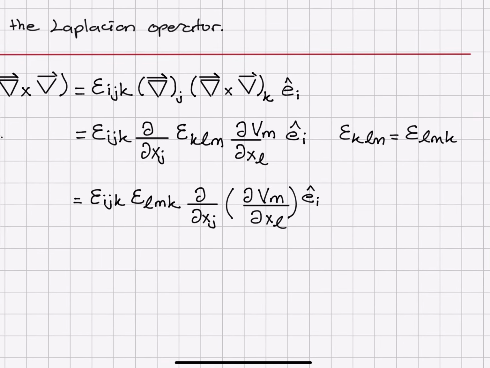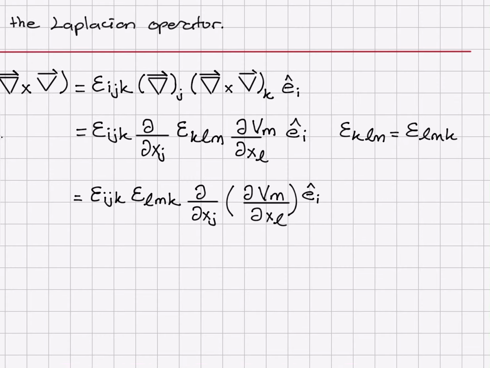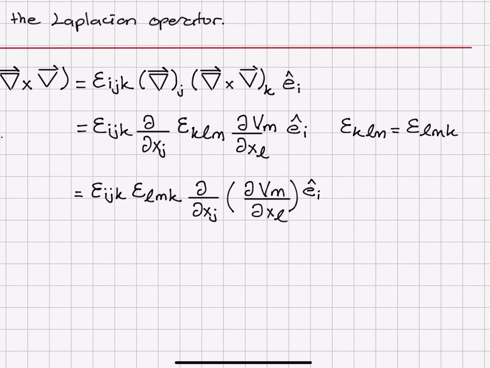All right, now we're ready to use the Levi-Civita identity. Kronecker delta first indices I and L, Kronecker delta second indices J and M, minus Kronecker delta inner indices J and L, outer indices I and M. Firsts, seconds, inners minus inners, outers.